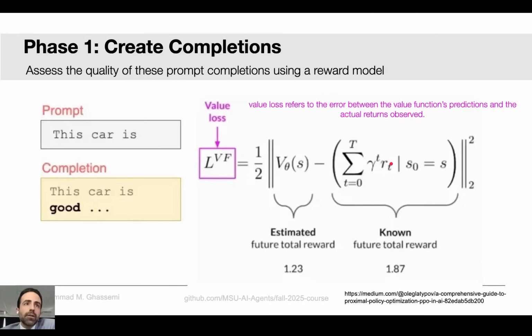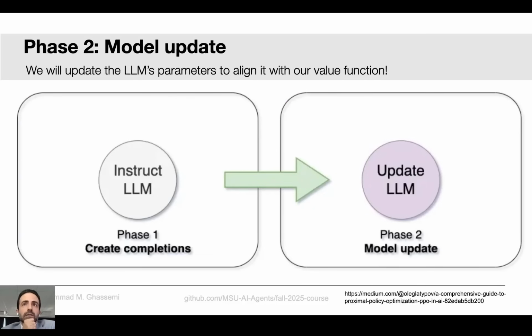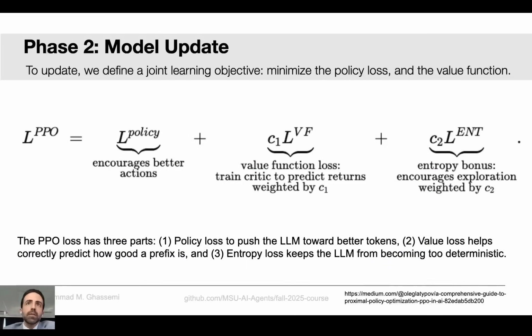That learning of the value function takes place in a broader context, though, which happens within step 2. So let's jump to step 2. Here's the value function and the loss that comes from it, which we just went through. This is when you're actually trying to update the language model to generate new responses. It is taken in combination with a policy loss, in addition to a third term called the entropy loss, which just keeps the language model from becoming too deterministic.